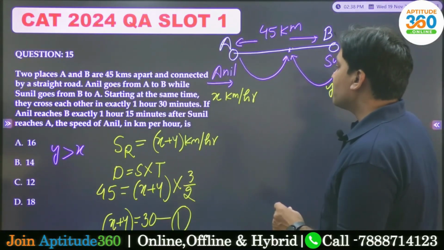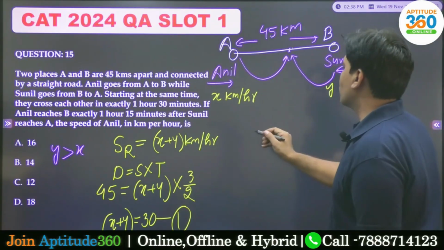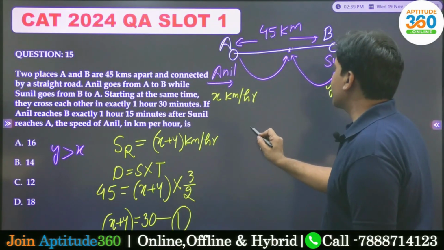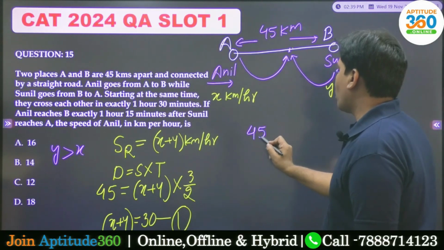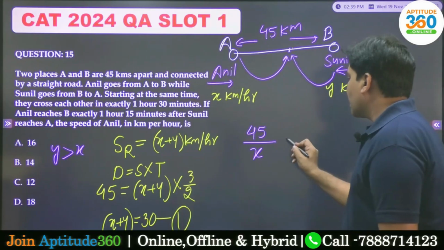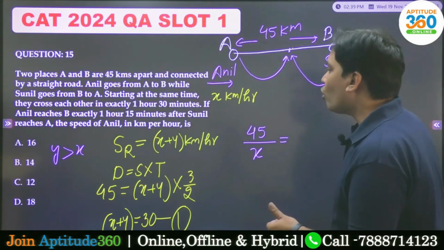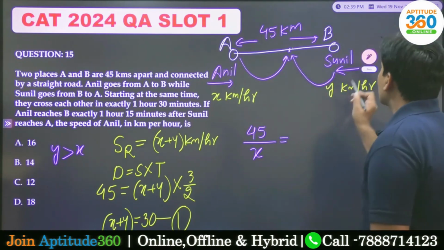If Anil has to travel to B, so what is the travel time? So can I say that the distance upon speed, that is the travel time, is 1 hour 15 minutes more than what Sunil is taking. So Sunil is taking how much?